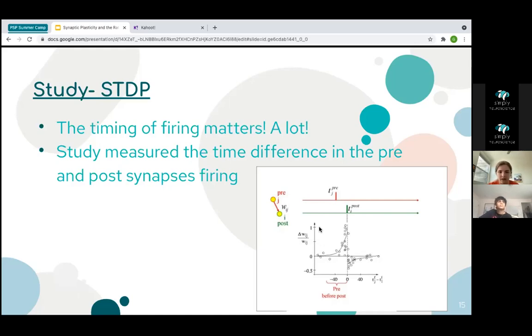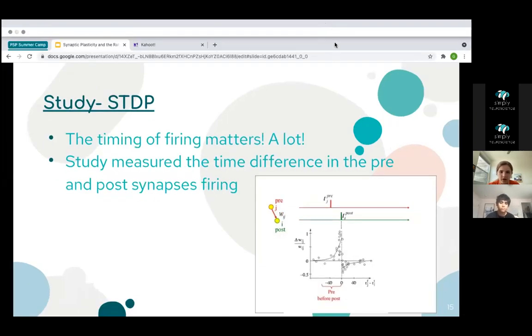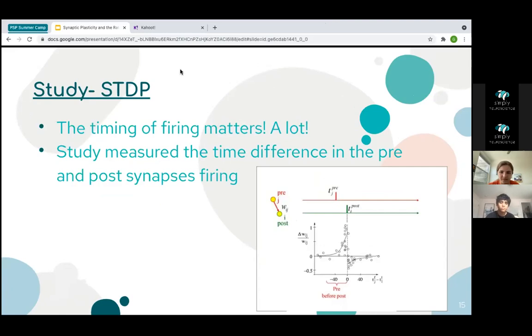Everything to the right of it is above 0 milliseconds of difference between the pre and post synaptic firing, and that's going to lead to LTP, long-term potentiation, and the strengthening of the synapses. I hope that makes sense. If you have any questions, feel free to put them in chat. But for now, we'll move on to a case study.